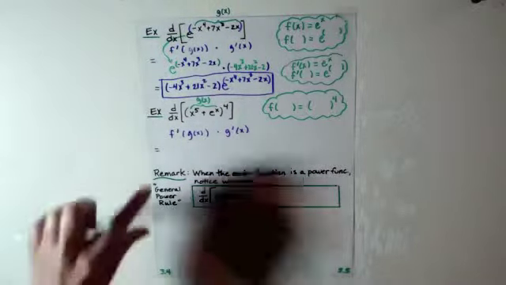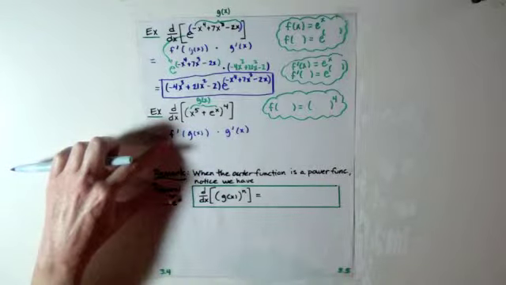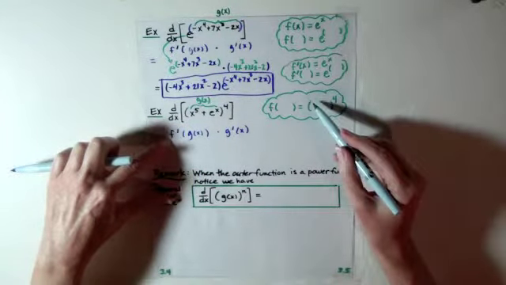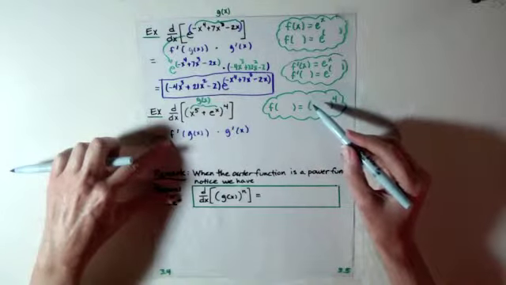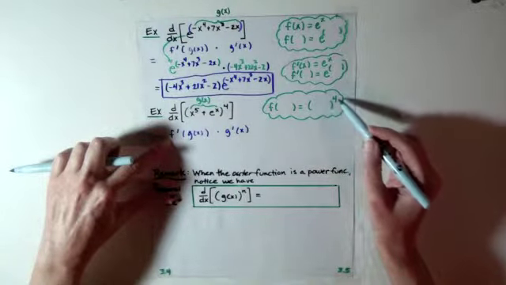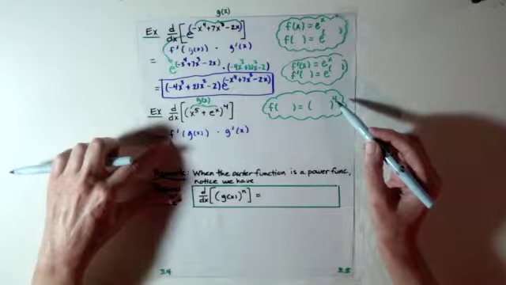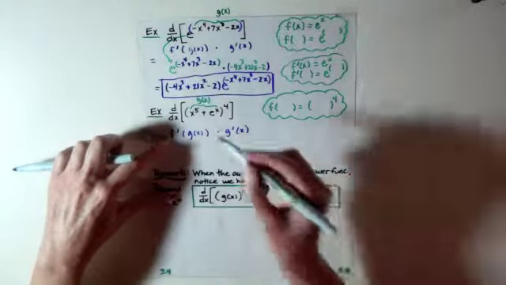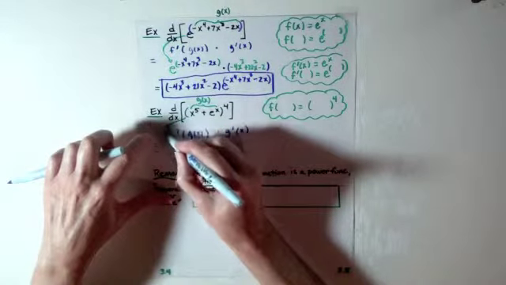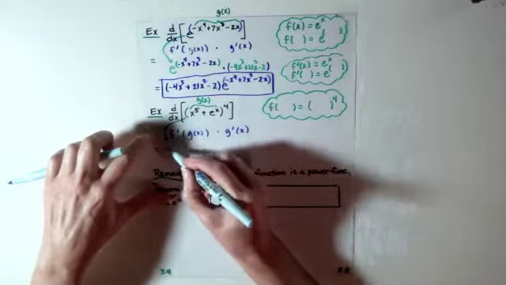So the first thing I'm supposed to do is find the derivative of the outer function. Well, my outer function is the x to the fourth function, or if you think of it with empty parentheses, you can think of whatever to the fourth power. When we take the derivative of x to the fourth, we get 4x cubed. I'm just going to go ahead and write that derivative with empty parentheses.